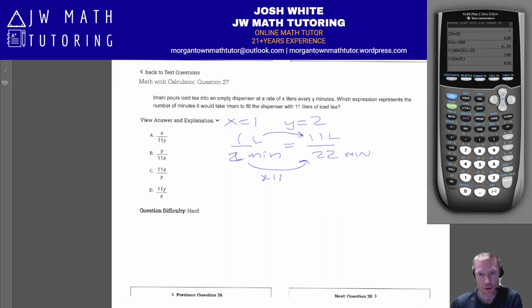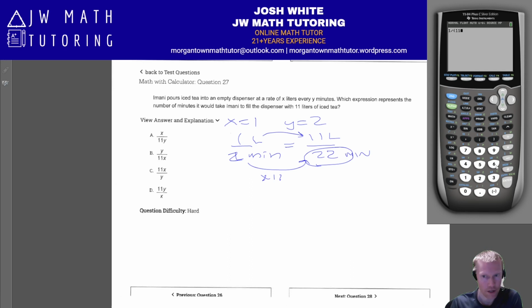So now, basically, what we're going to do is plug in x and y to all these expressions, and we're going to see which one equals 22. That's what we're trying to match with the picking numbers approach. So the first answer choice is going to be x, which is 1, divided by, oh, hold on, I forgot the division symbol. There we go.